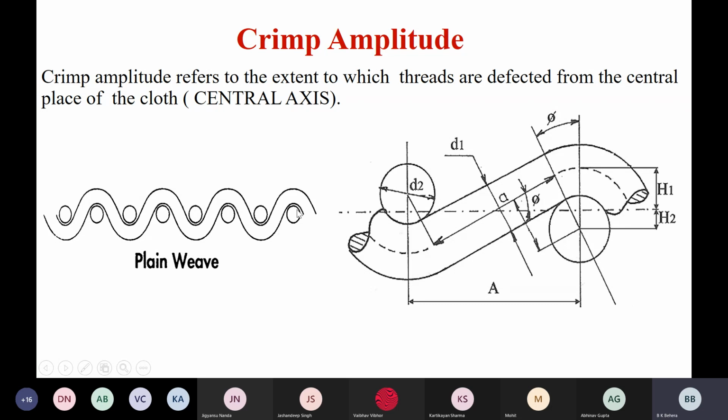That means the load-elongation curve will tilt towards the extension axis, or strain axis. The extension axis is always the x-axis, and the load axis is always the y-axis. If the curve tilts towards the extension axis, the fabric gives low modulus.